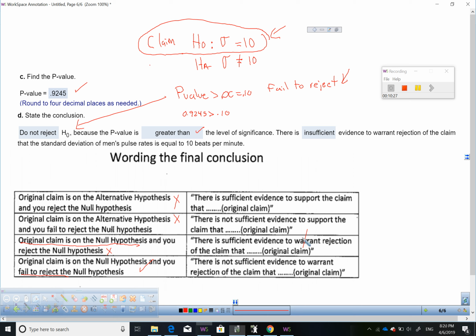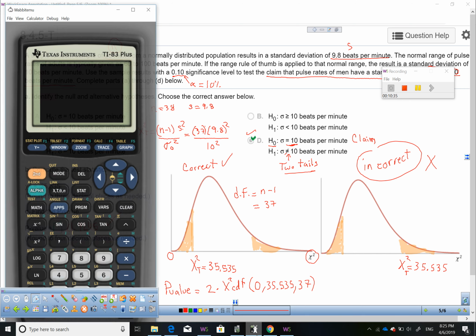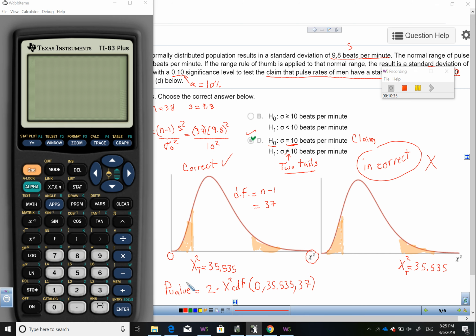Let me mention something here. If you have a TI-83 calculator, the way you type it out is the same. Let me just show you real quick how to type it out. You press second vars.